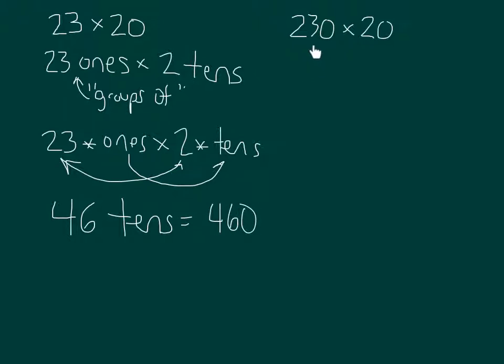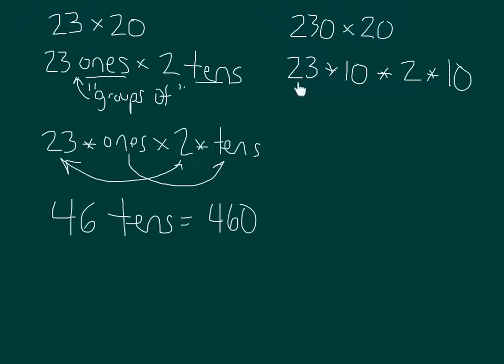On my next problem here, I have 230 times 20, and the difference being that 0, otherwise we're all the same. I'm going to write a little shorthand here. Instead of writing out the words ones and tens, I'm going to write it in standard form. So I have 23 groups of 10 times 2 groups of 10.